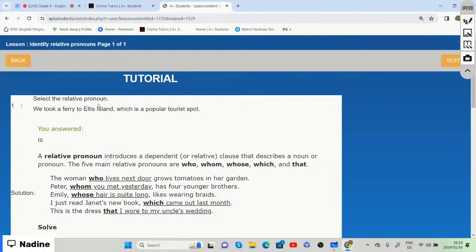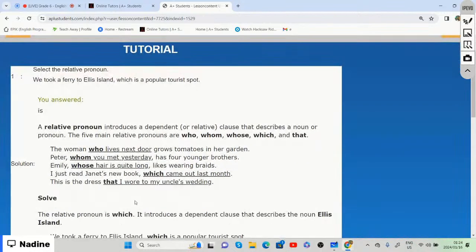It says, we took a ferry to Ellis Island, which is a popular tourist spot.